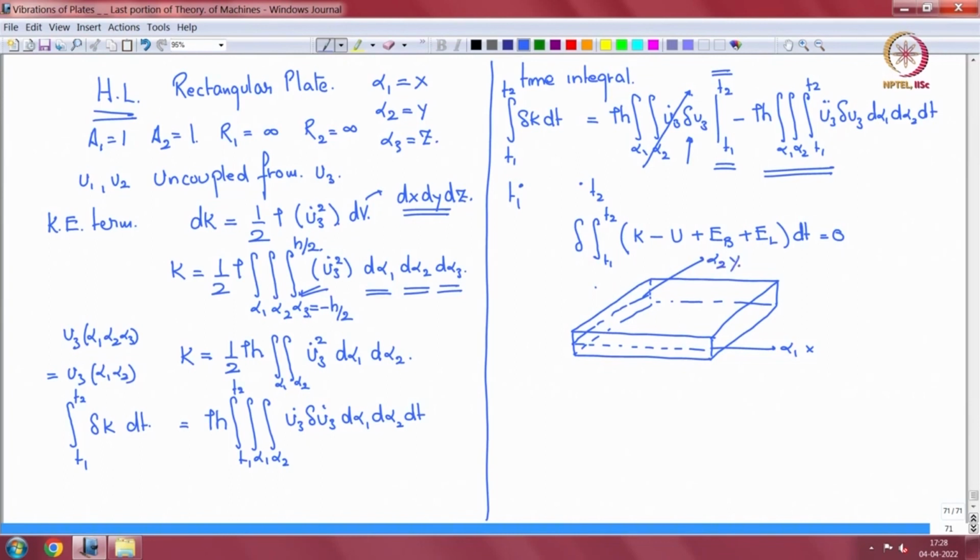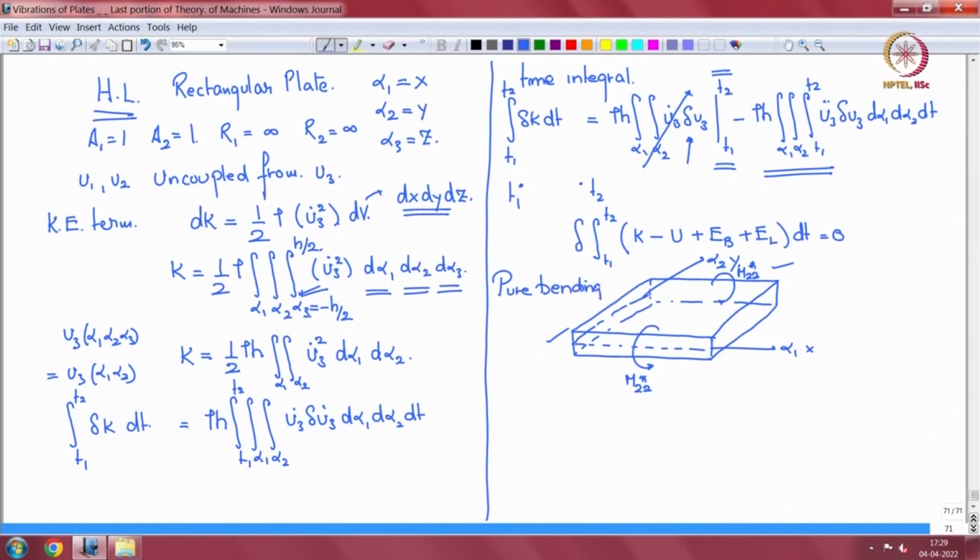Now, on these two surfaces, what are the forces that can come from the boundary? One is we can get an M22 moment, which is M22 star. So, we are considering only pure bending, and we will take terms related to that only.